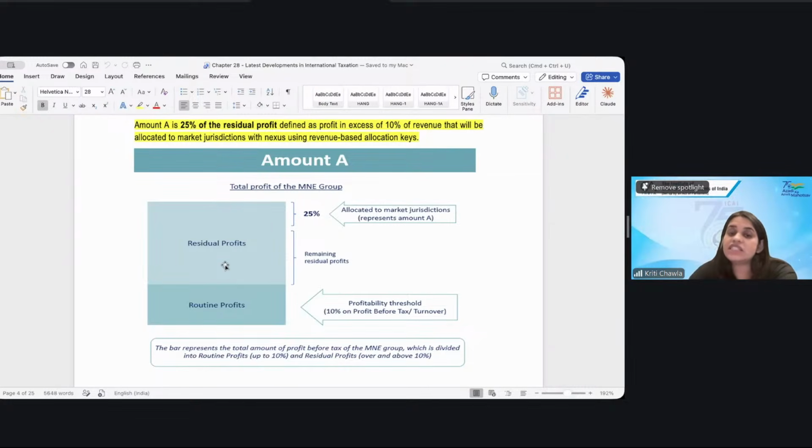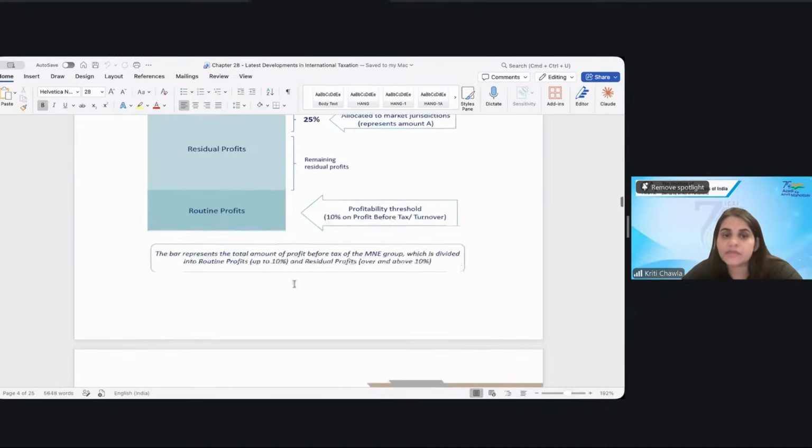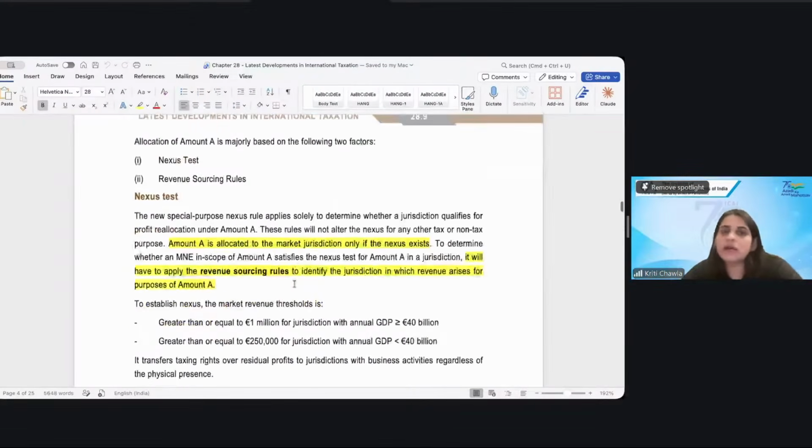After that, of the remaining residual profit, 25% is going to be allocated to market jurisdictions. That is going to be Amount A. And then there will be remaining residual profits right here. So this is basically Amount A.